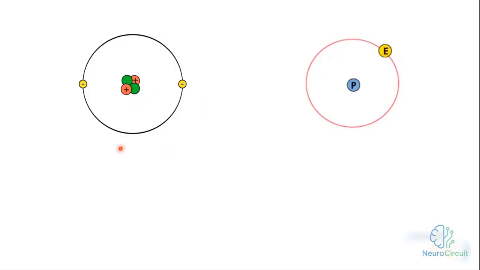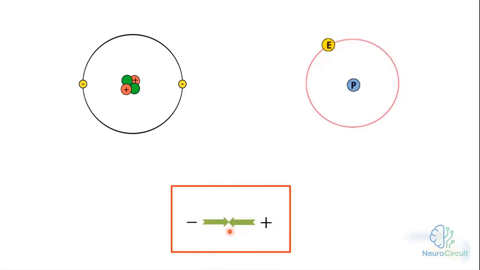As we can see in this image, electrons are symbolically shown with a negative sign and protons are shown with a positive sign. They've displayed it here. The most important thing we need to know about charge is that opposite charges attract each other. That is, if my charge is positive and we have another negative charge, they will attract each other.